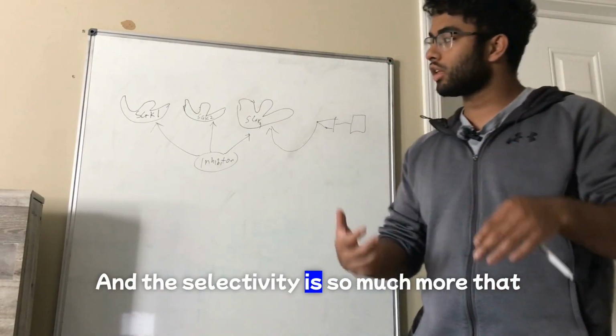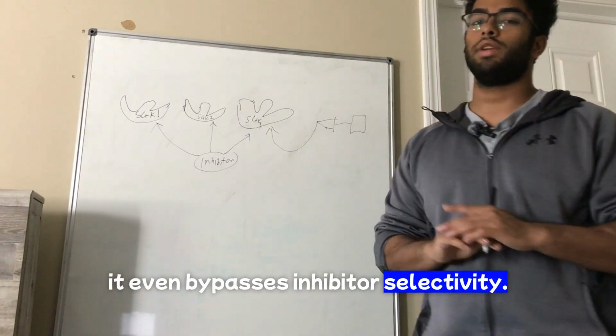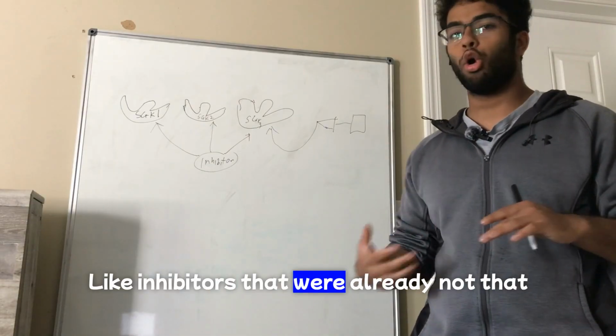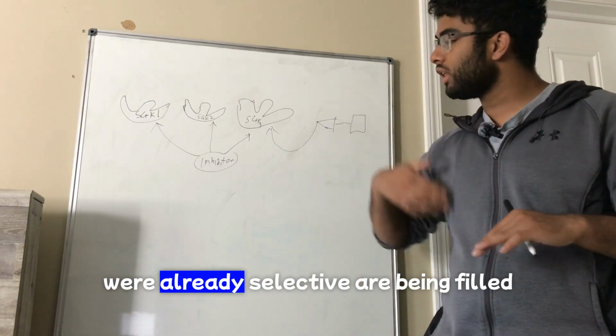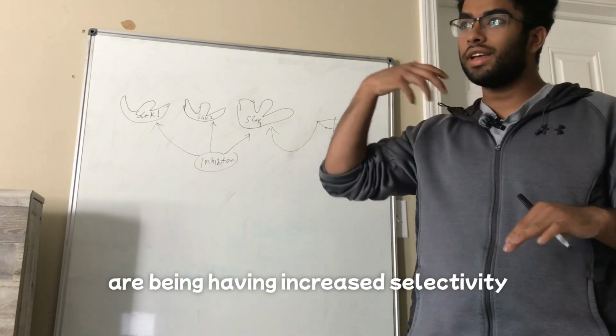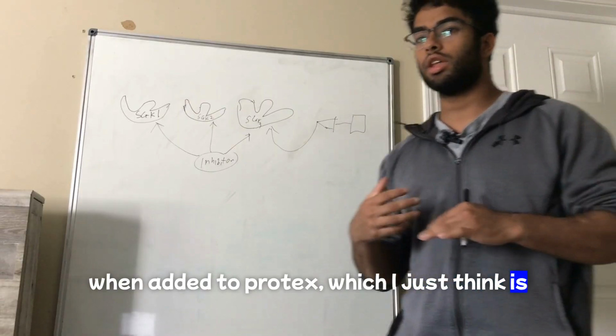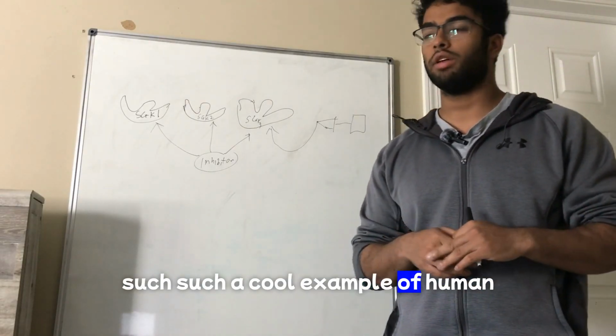And the selectivity is so much more that it even bypasses inhibitor selectivity. Inhibitors that were already selective are having increased selectivity when added to PROTACs, which I just think is such a cool example of human innovation in the field.